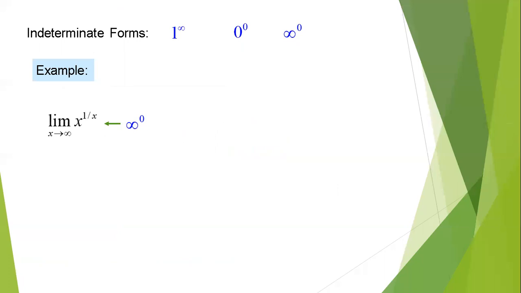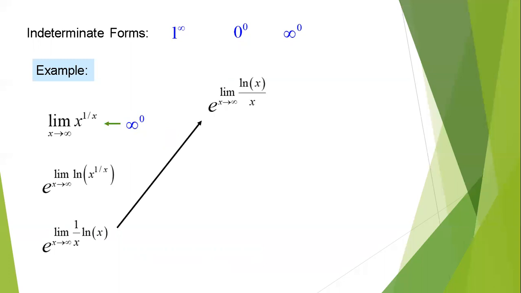The limit as x approaches infinity of x to the power of 1 over x gives infinity to the power of 0. So e to the power of the limit as x approaches infinity of ln of x to the power of 1 over x, then e to the power of the limit as x approaches infinity of (1 over x) ln x.